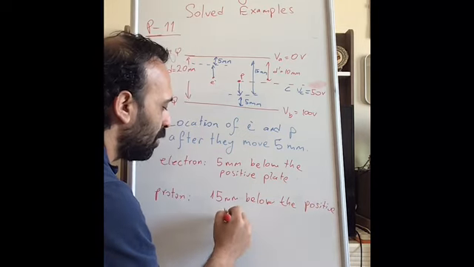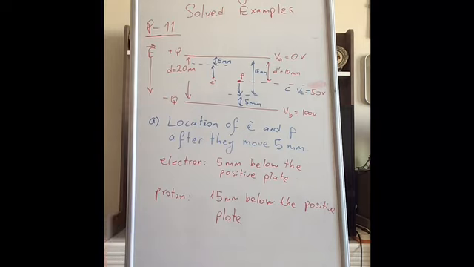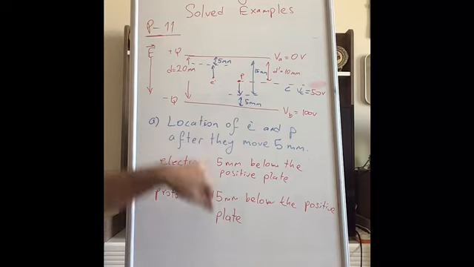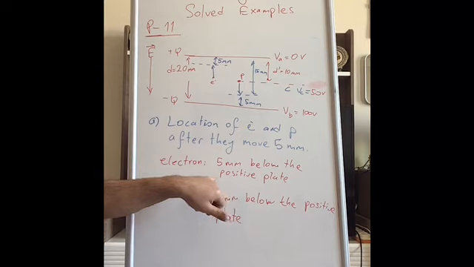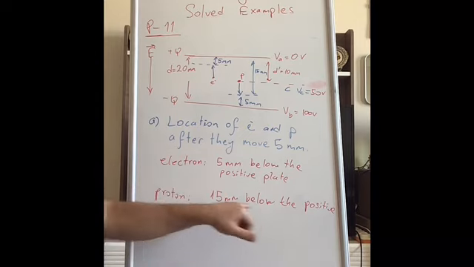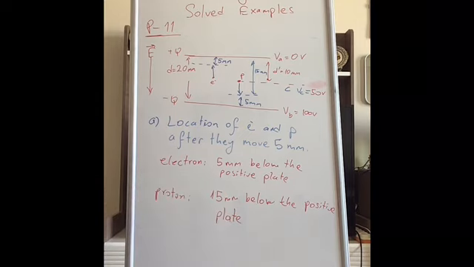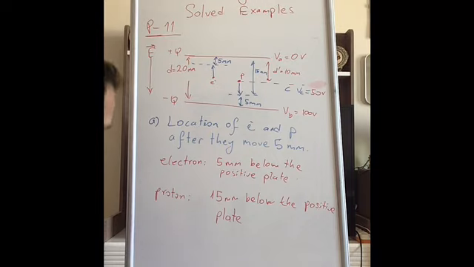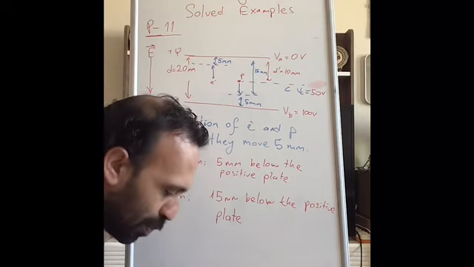Why did we write them with respect to the positive plate? Because we put our origin on the positive plate. The position of the electron and proton then should be defined with respect to the positive plate. So 5 millimeter below the positive plate is the electron location, and 15 millimeter below the positive plate is the proton's location. Okay, this is the answer of the first part.